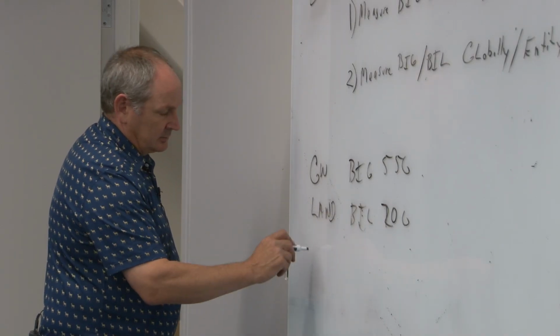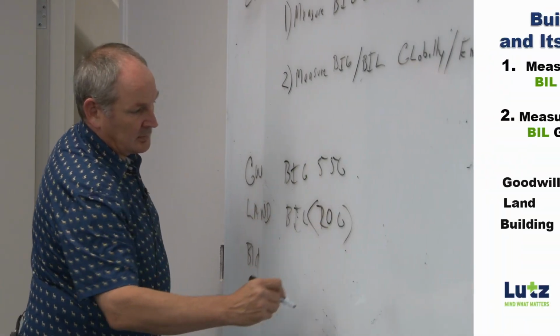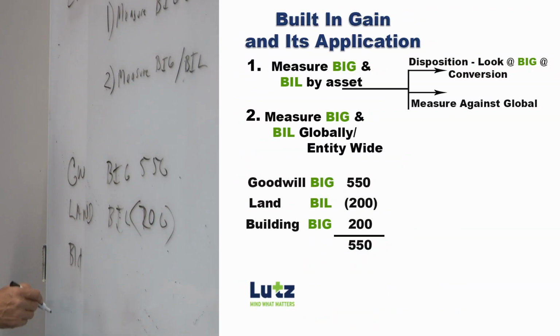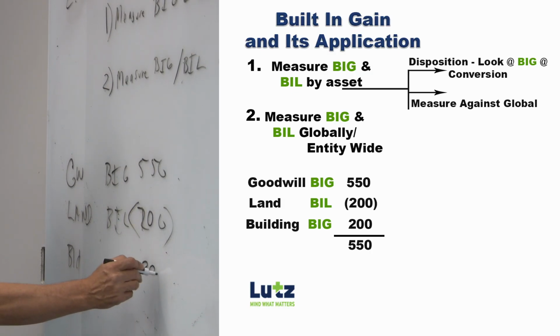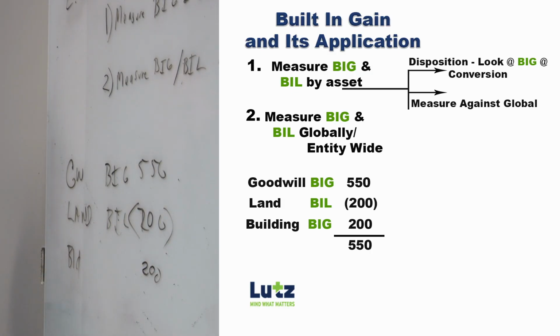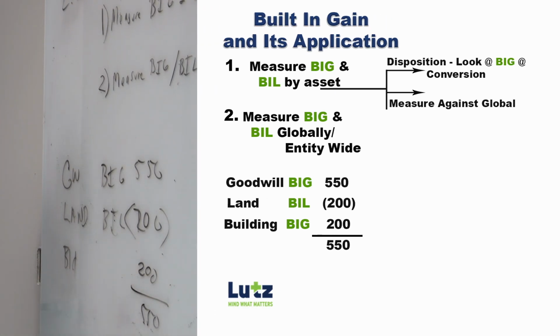And building, built-in gain of $200. Net $550 overall.